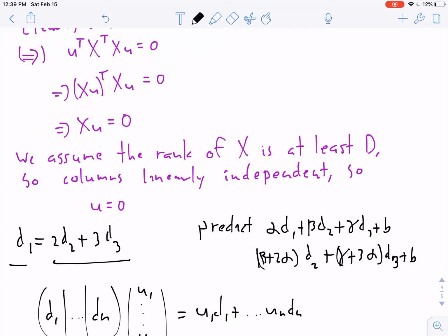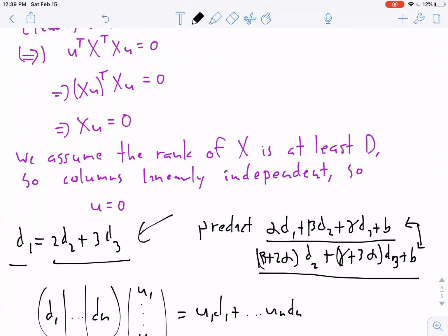Well, let's say that the true prediction we wanted to make was alpha d1 plus beta d2 plus gamma d3 plus b. We could just get rid of the first column of data and instead predict (beta plus 2 alpha) d2 plus (gamma plus 3 alpha) d3, and that would give us the exact same values. These two equations give the exact same thing because of this relationship right here.